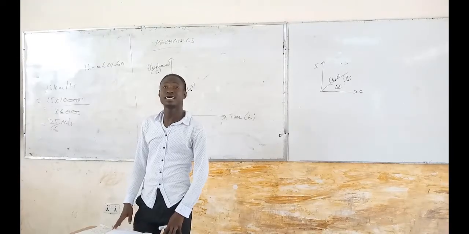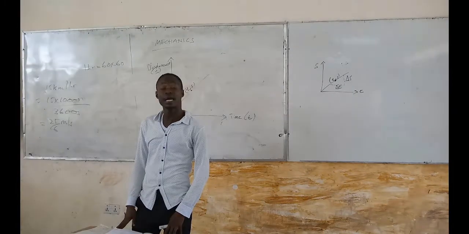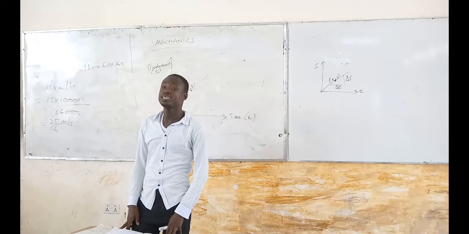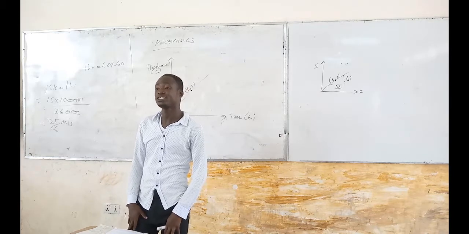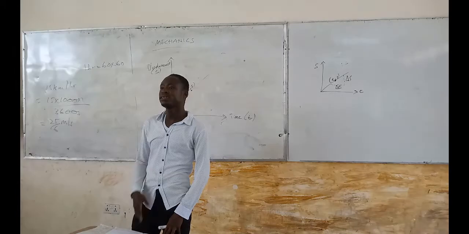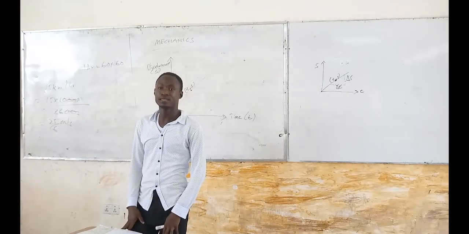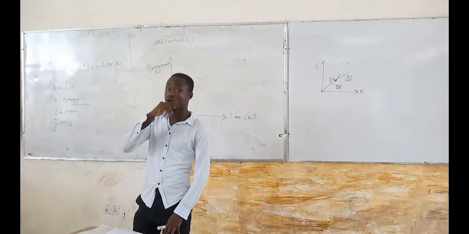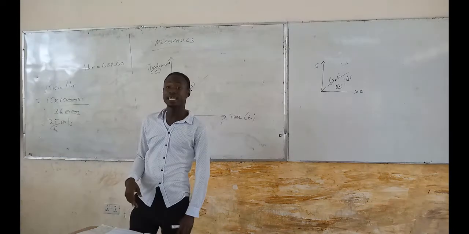We are not looking at the area in this case because there is nothing useful in the area of a displacement time graph. But the gradient here will give you the velocity. I am saying this because when you get to the velocity graph, you will be finding the area.